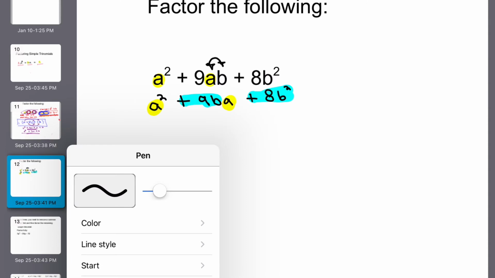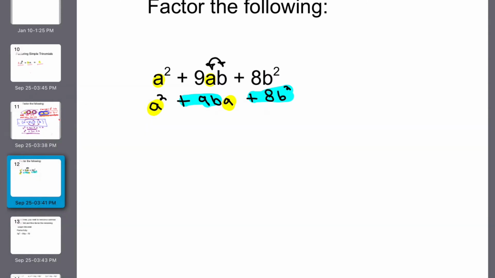In this scenario, same factoring rules: we need two numbers to add to the middle coefficient, positive 9b, and at the same time, those same two numbers have to multiply to positive 8b squared.